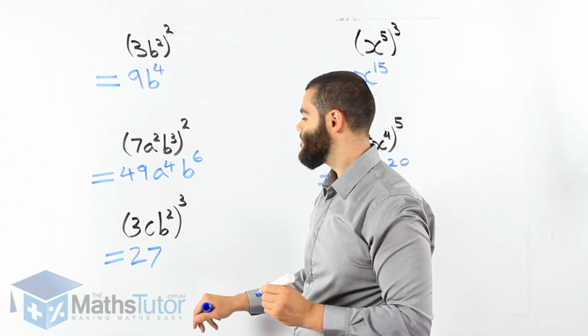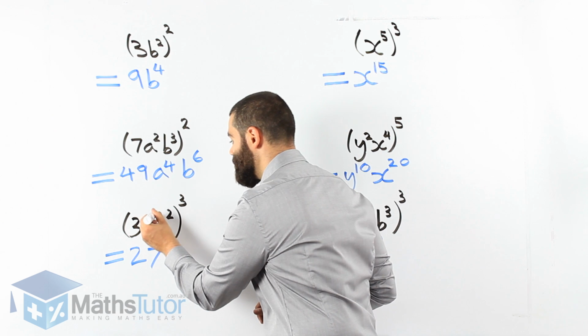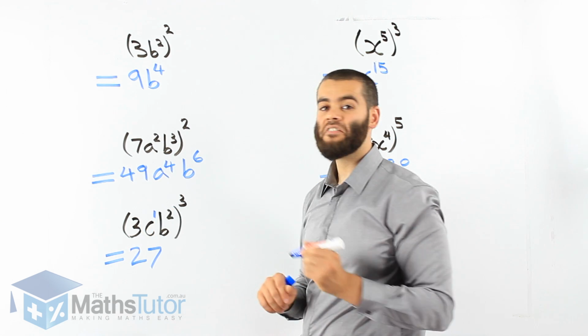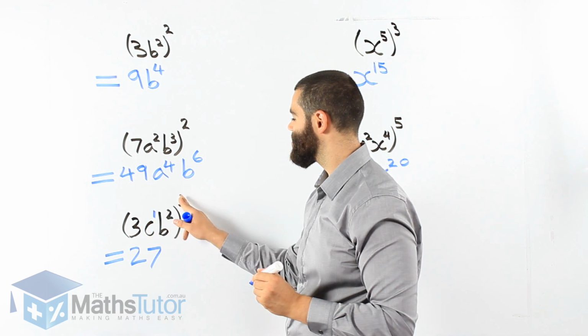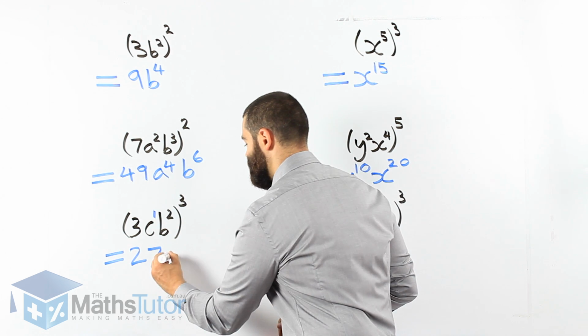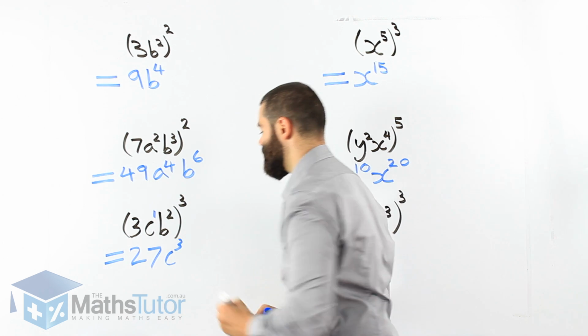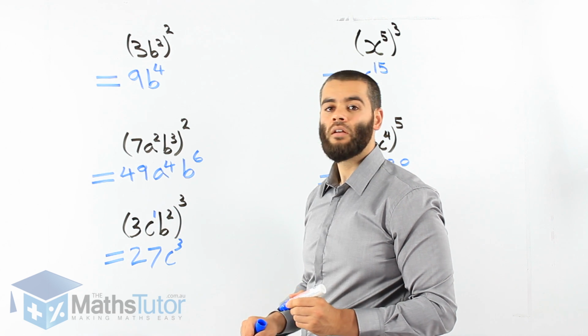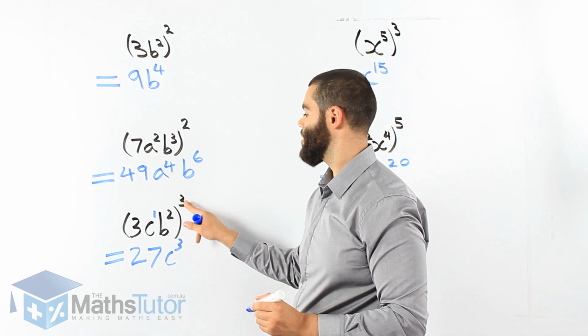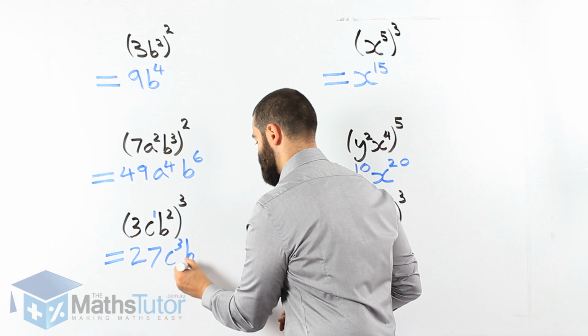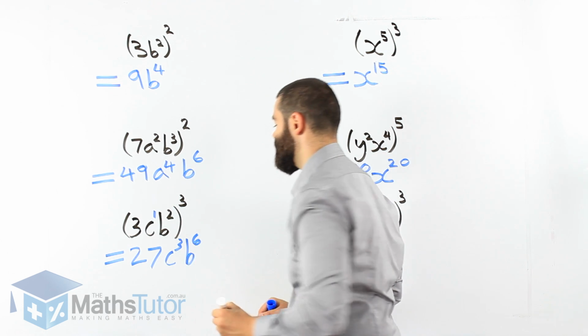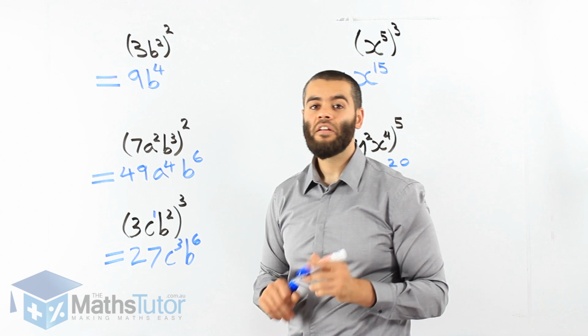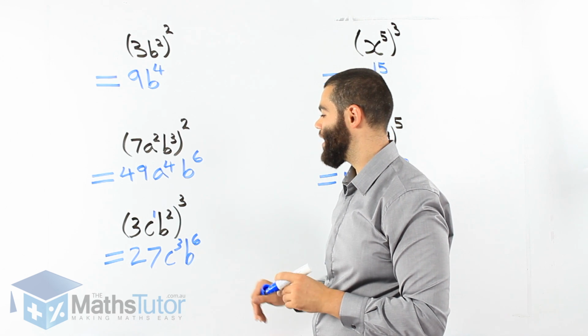Now, c has an invisible 1. 1 times 3, power to power, c to the power of 3, and b has a power of 2, so 2 times 3, b to the power of 6. 27, c to the power of 3, b to the power of 6.